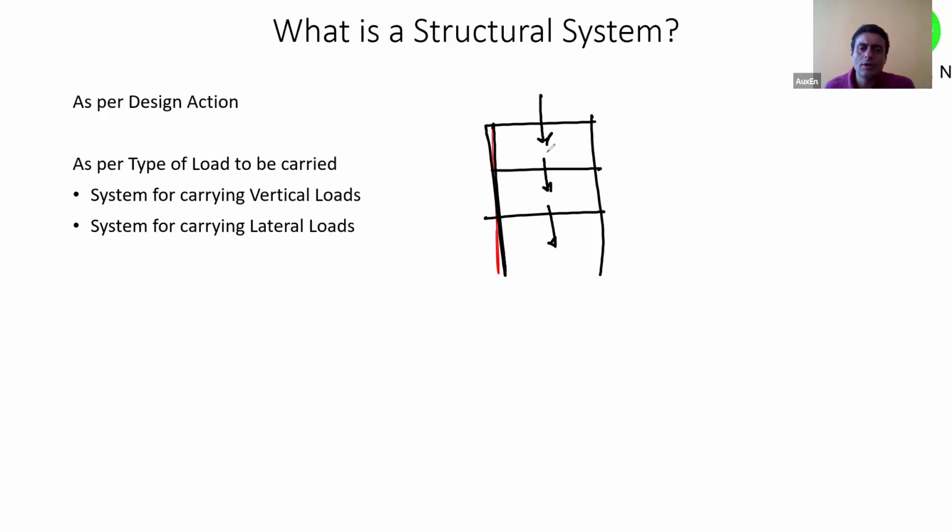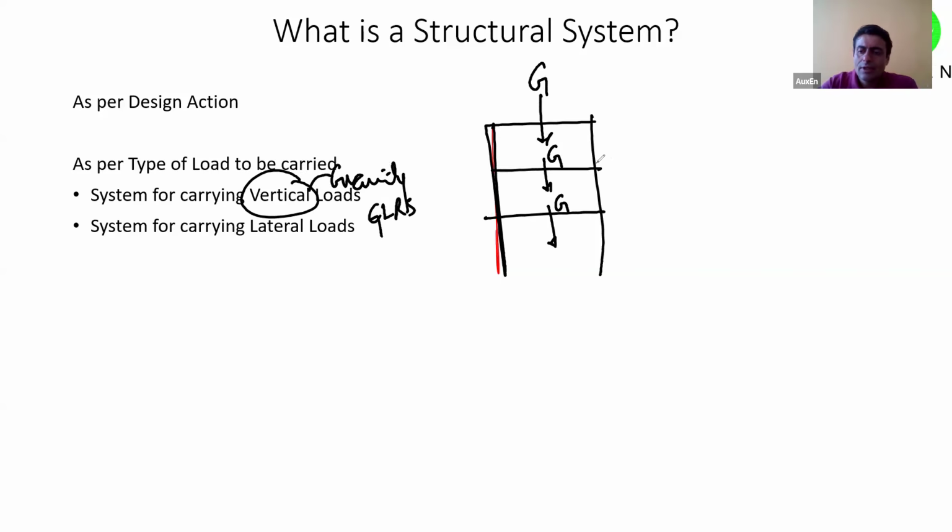Now, all the vertical loads generally will act along the gravity direction, isn't it? So the system that we have in our structure to take gravity loads is called what? Gravity load resisting systems. Is that clear? Is it making sense?